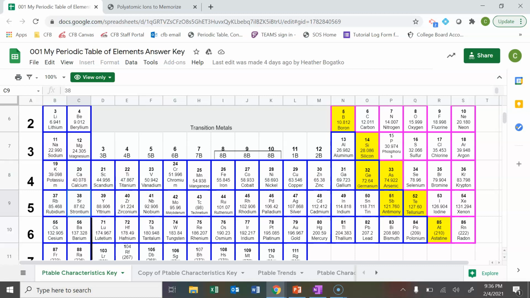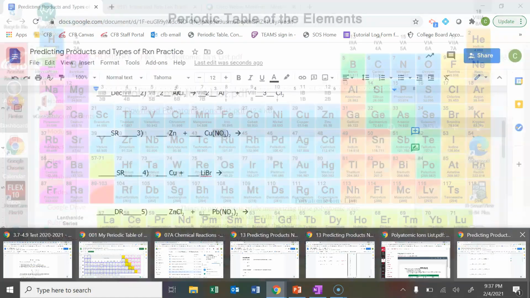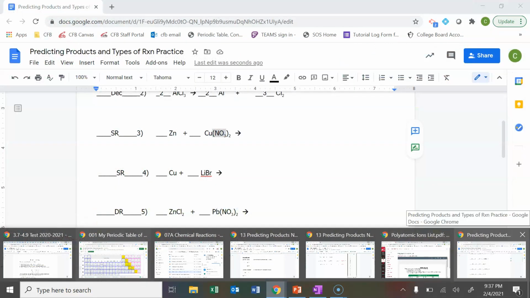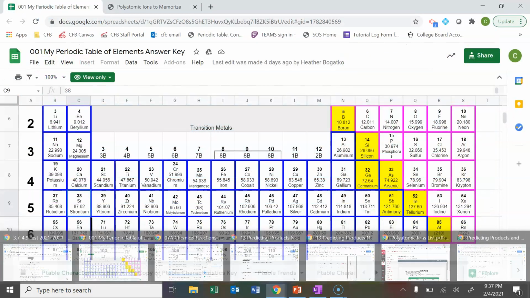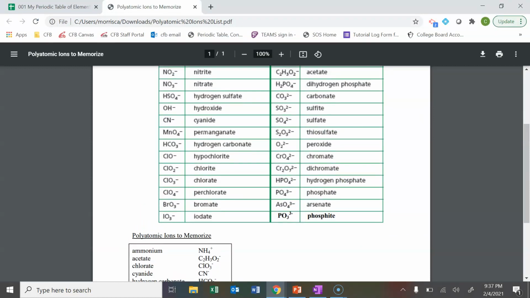Silver, zinc, aluminum. 1, 2, 3. Zinc is +2. And then I believe it was nitrate, NO3. If we look at our polyatomic ion list, NO3 has a -1 charge.